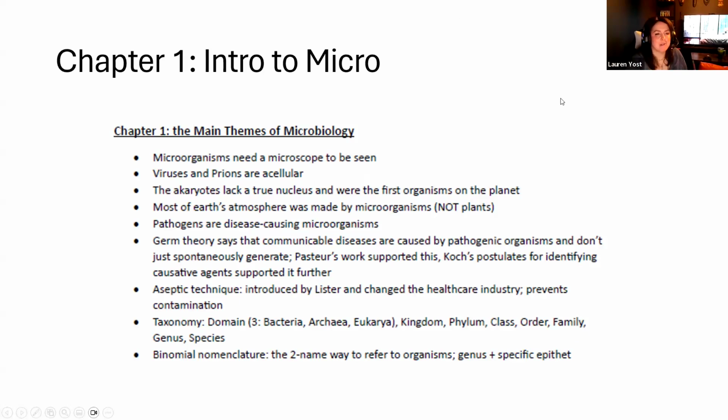So starting with chapter 1, microorganisms need a microscope to be seen. That's just the definition of what a microorganism is. And so you can't see them with the naked eye. Viruses and prions are acellular. That means that they are things that can cause disease in your body that technically are not made of true cells. What is a cell?